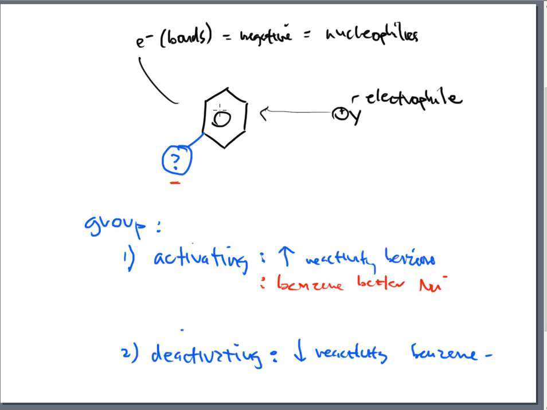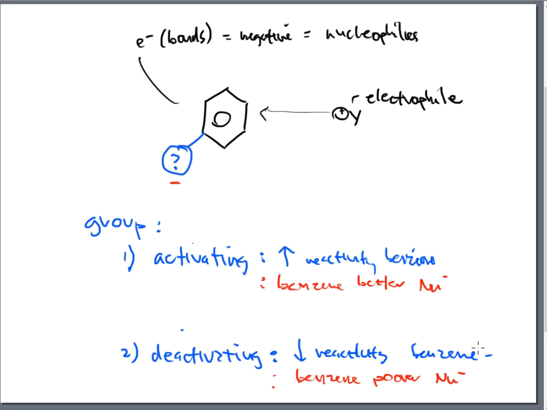If this group makes this a better nucleophile, then it's more willing to react with the electrophile. So that means with a deactivator, this benzene group becomes a poorer nucleophile. Okay. Well, how does it do that job? How does it make the benzene better or worse?